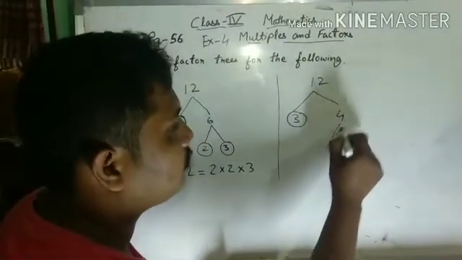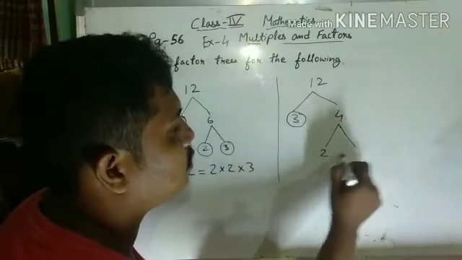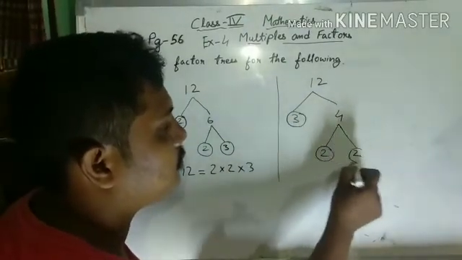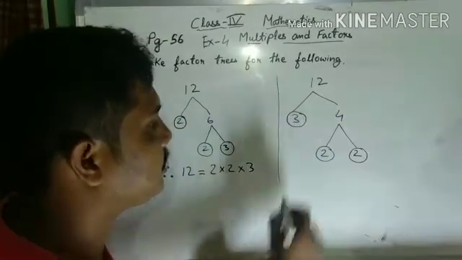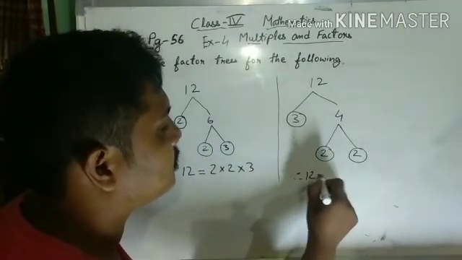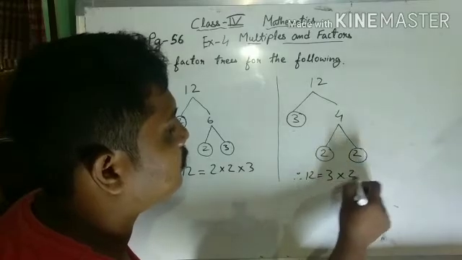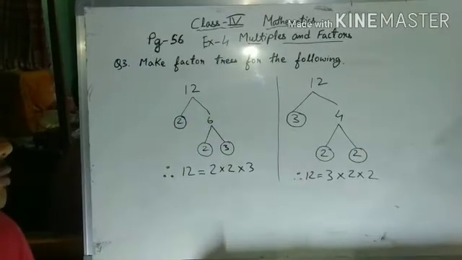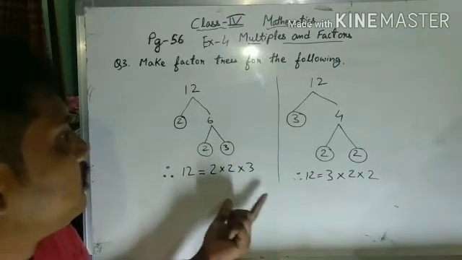We have to do this again. 2 twos are 4, 2 is a prime number, 2 is a prime number, so our factor tree is finished. Therefore 12 is equal to 3 into 2 into 2. 3 twos are 6, 6 twos are 12. So you can do it any way.